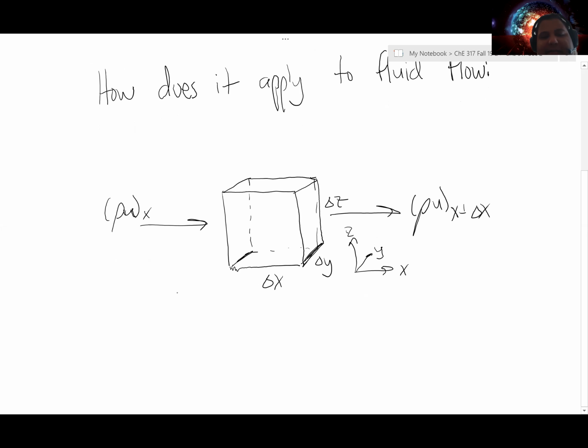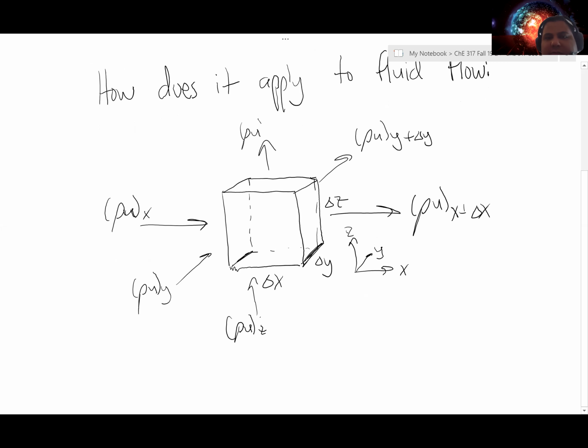So we can also have flow going in, flow coming out, flow going up or down, so on and so forth. Or this can be rho u y, rho u y plus delta y. This could be rho u z, rho u z plus delta z.